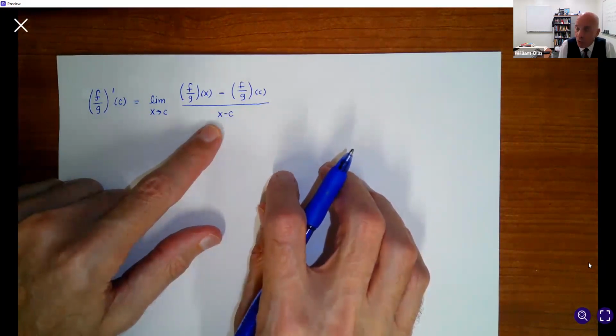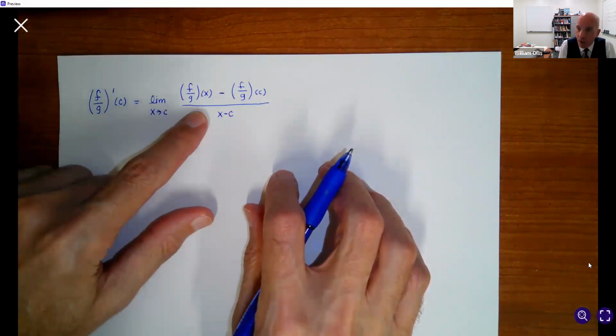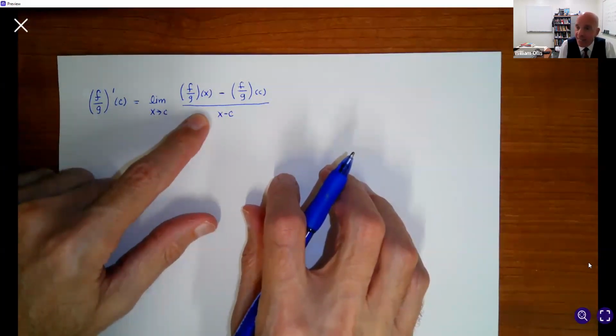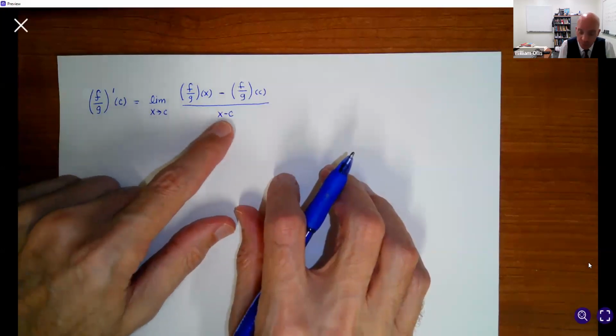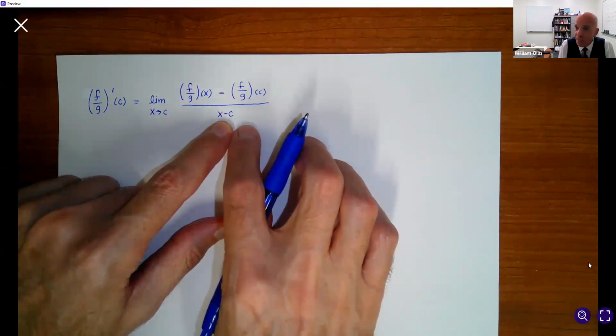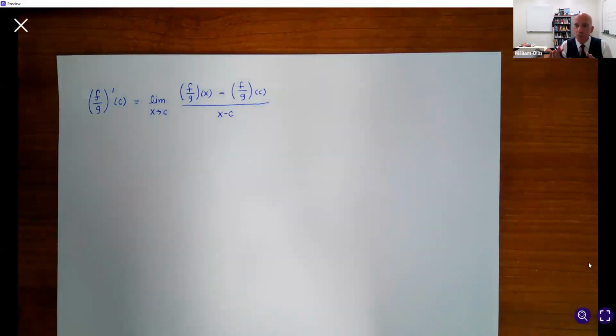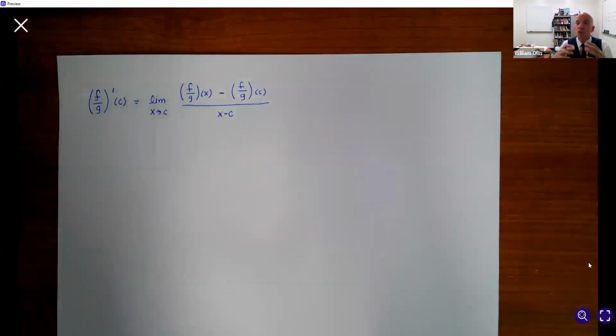So what we want to do is show that through the process of algebra, we can create an identity that will absorb the troubling x minus c in the denominator. That is, remember, when we write the difference quotient, we are searching for a formula.